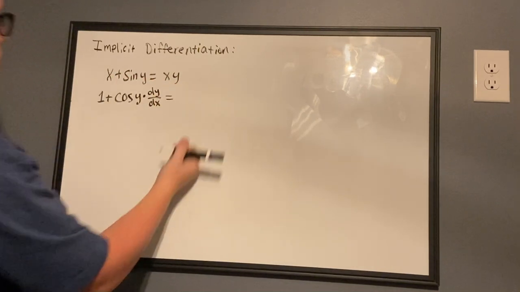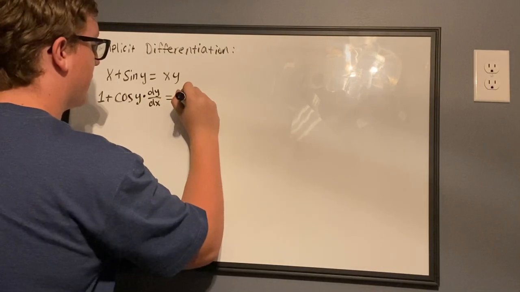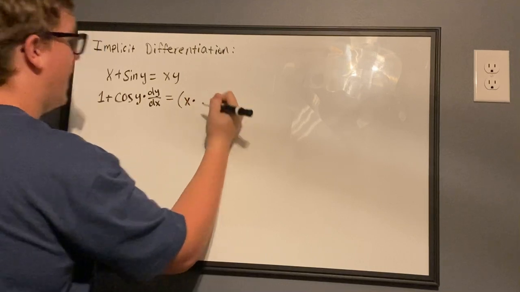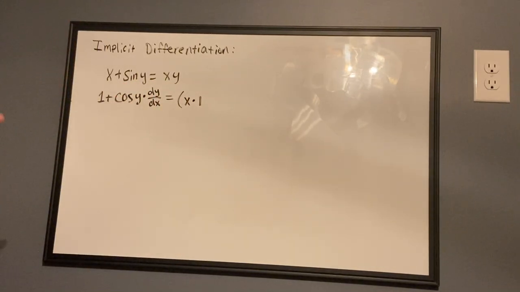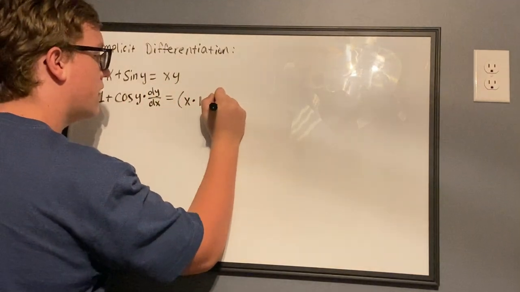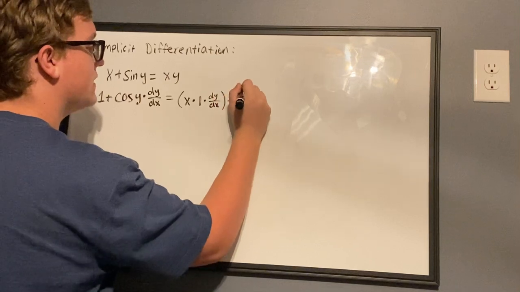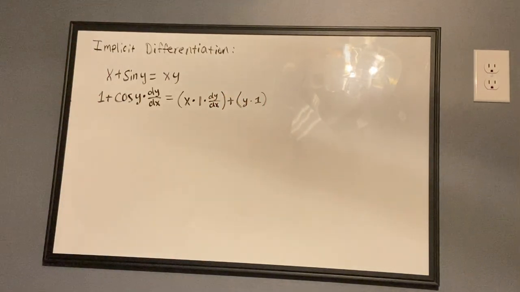So now we set that equal to this product rule. We've done that. So we know that we're going to leave x alone, times 1, because that's the derivative of y, but don't forget your dy dx, times dy dx, plus y times 1. Remember that y is going to stay the same.